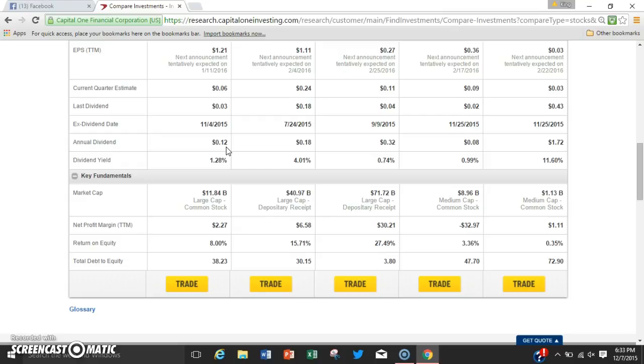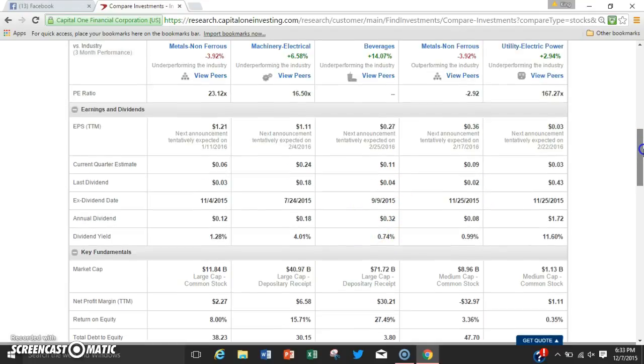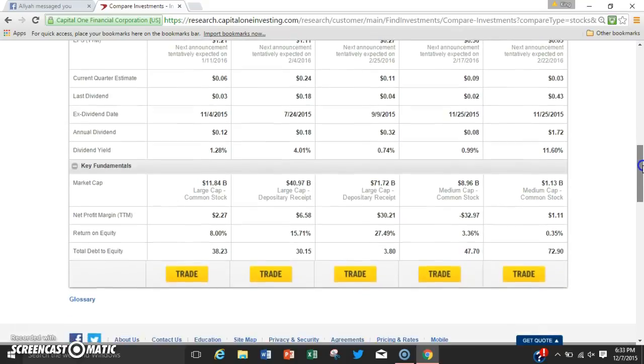Like I said before, I'll show you a little trick to buying a lot of shares and cutting down what's called the cost per share, so that you can gain profit faster. Again, they have nice dividends, not too bad.